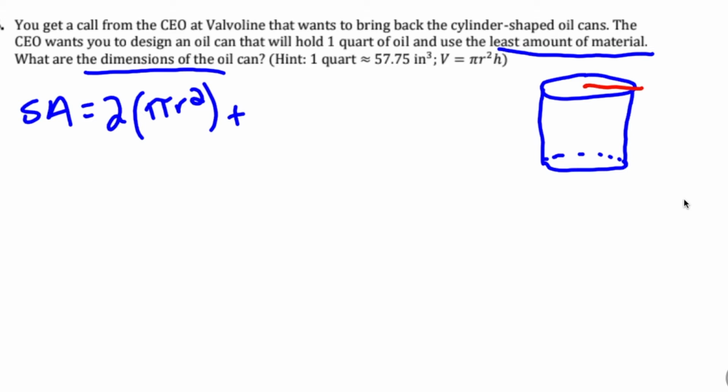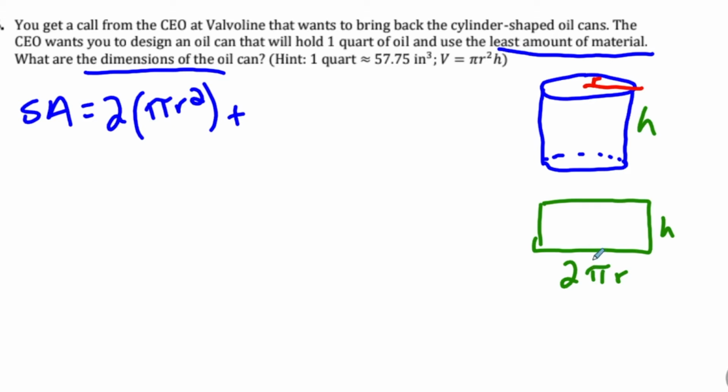So let's give that a variable of height, and we have our radius right here. To find the area of this piece, if we stretch that out, that's just going to be a rectangle that has a height, and then this distance right here is the circumference of the circle. So that's just going to be 2 pi r, and then we'll multiply that by h, just length times width for the area of a rectangle.